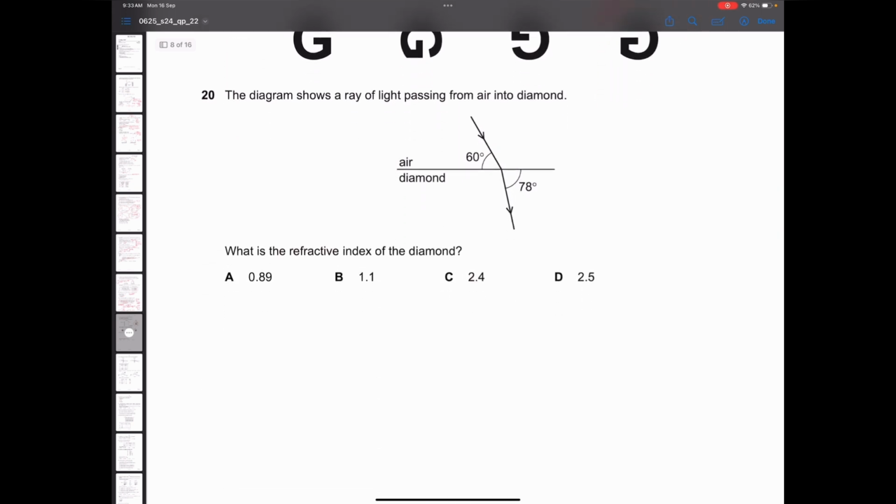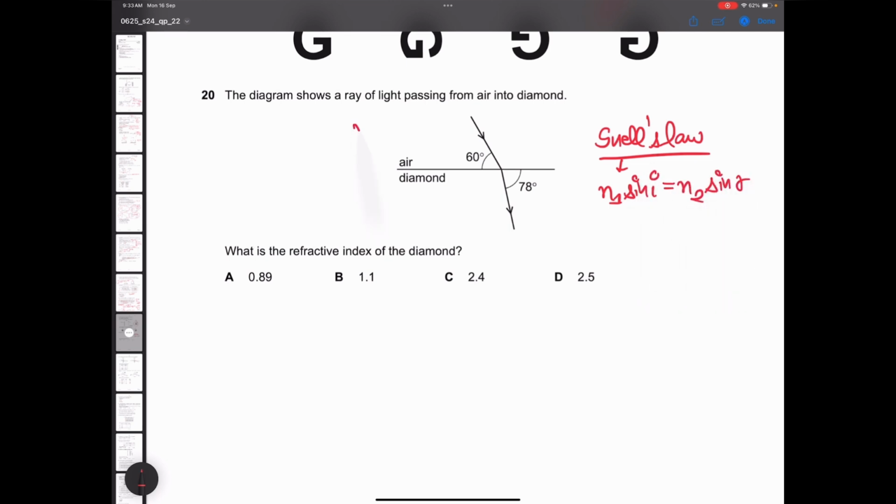Now, question number 20. The diagram shows a ray of light passing from air into the diamond. What is the refractive index of the diamond? We can solve this question using Snell's law. What Snell's law says is that n1 sin i = n2 sin r.